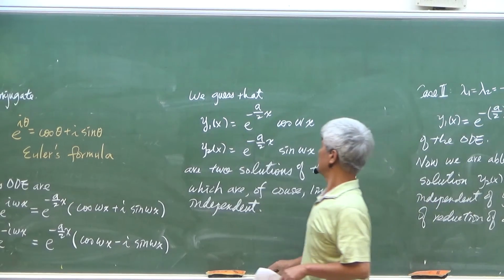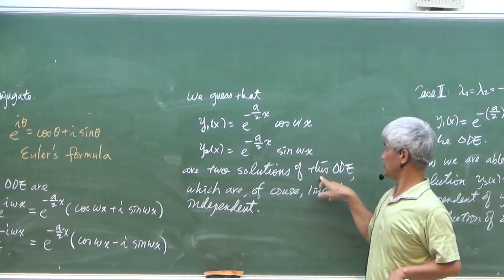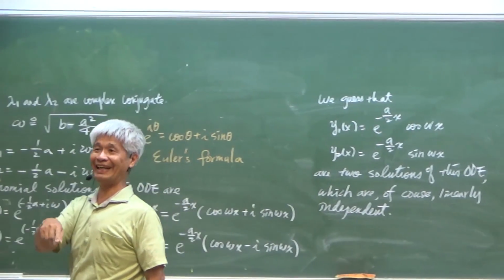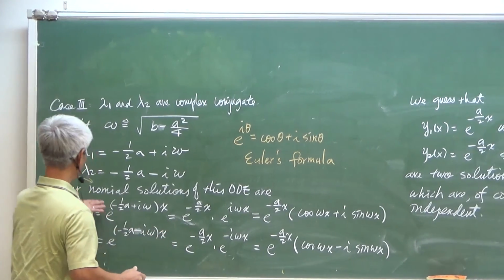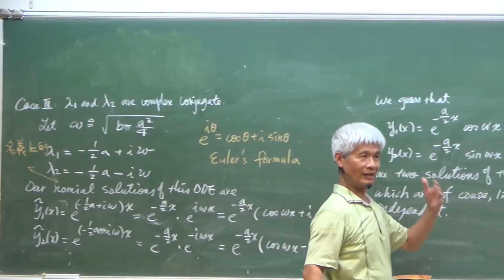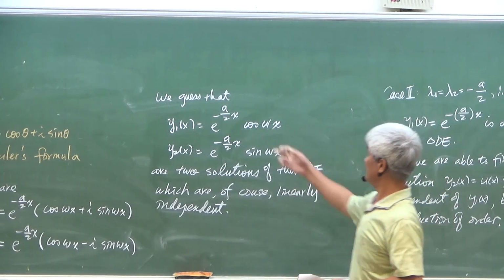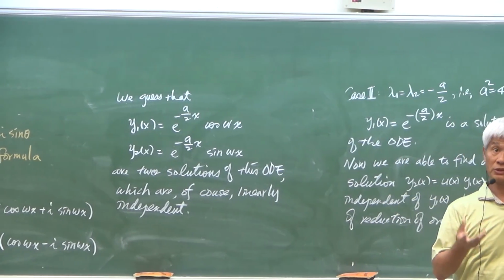But we just say we guess that these two are solutions of this ODE, so you have to check. This is because our theory does not tell us directly that these two functions are solutions of our original ODE.